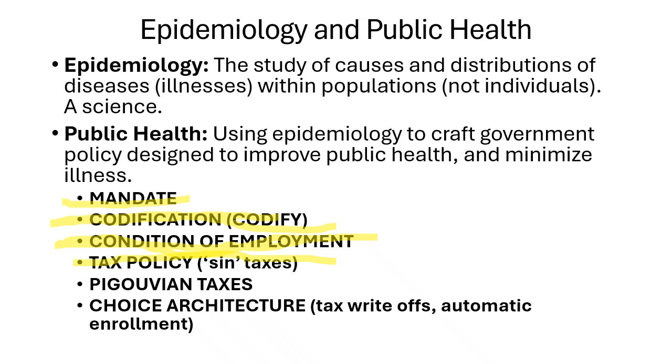So sin taxes are often applied to things that we don't want people to do, such as cigarette smoking, right? So we're not using a mandate and codifying into law that cigarettes are illegal. That would be very difficult to do in a democracy. But it's very easy for governments to raise the sales taxes on cigarettes.